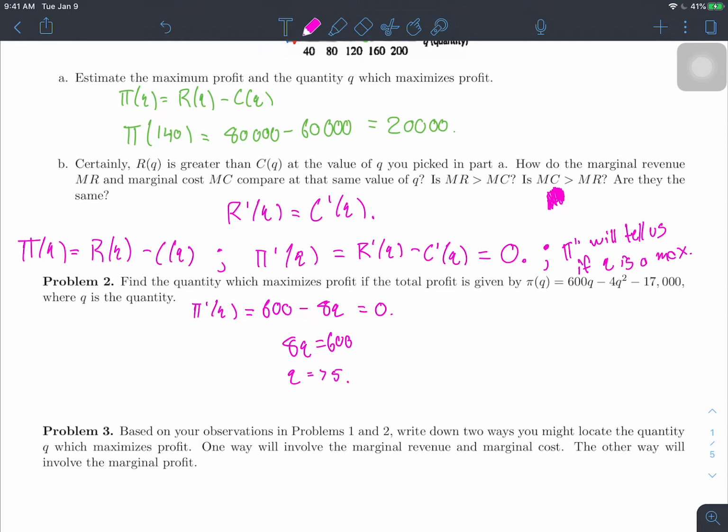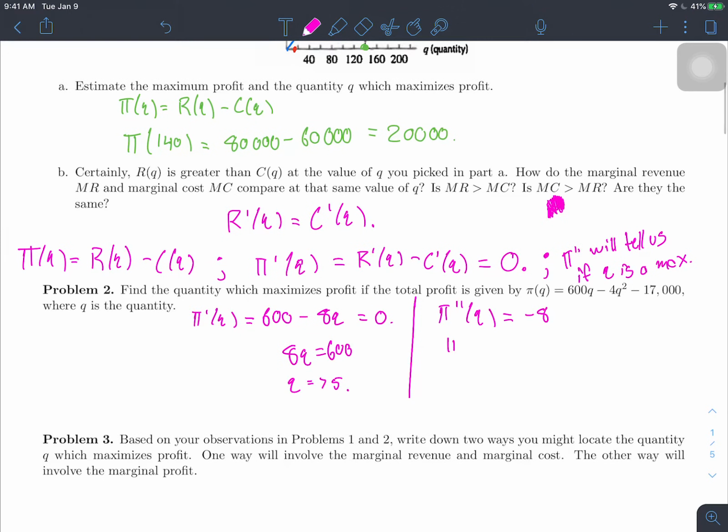Let's check the second derivative. Pi double prime of q, what's that going to be? Just negative 8. So pi double prime of 75 is going to be negative 8, which is a number which is less than 0.